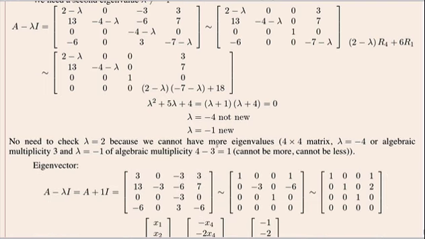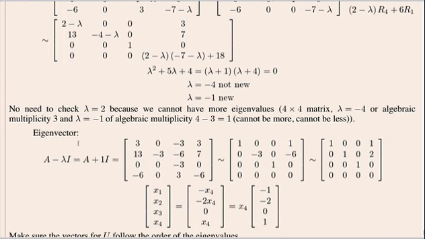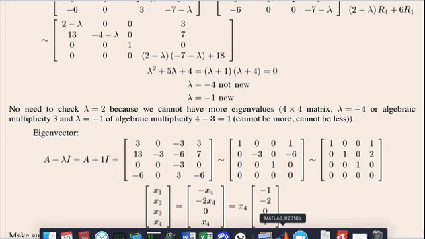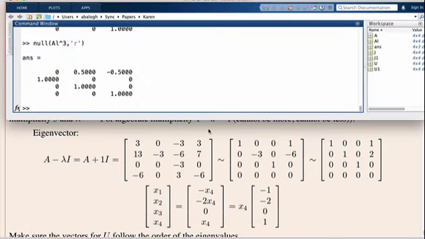So then the corresponding eigenvector, since the multiplicity is 1 here, will be calculated with A minus lambda I, which is A plus 1 I. Again, you can use MATLAB to calculate this. Otherwise, it's a lot of calculation, and it's easy to make a mistake.